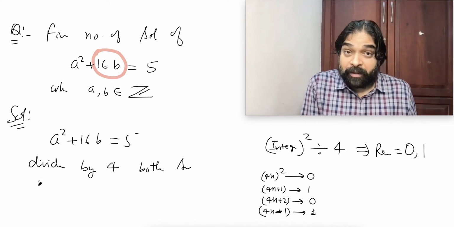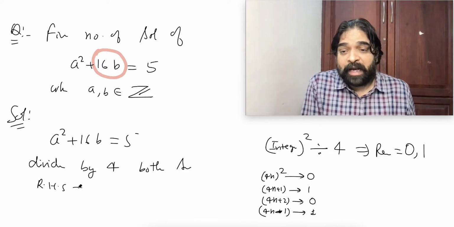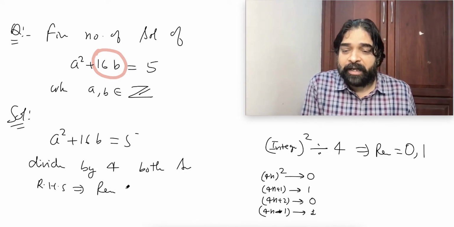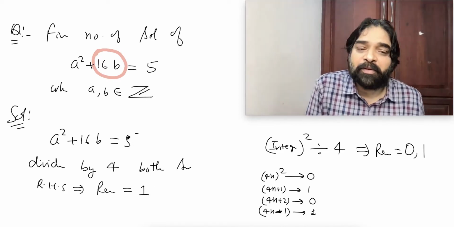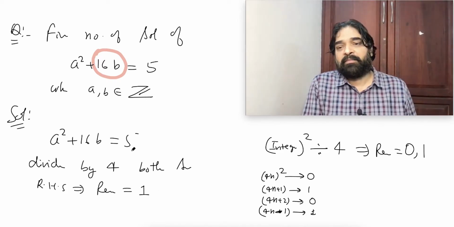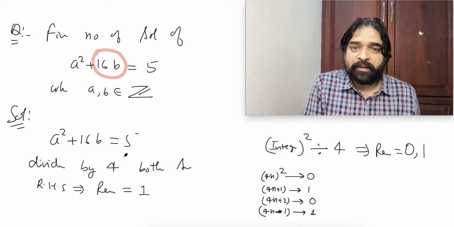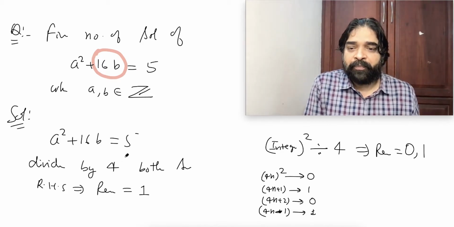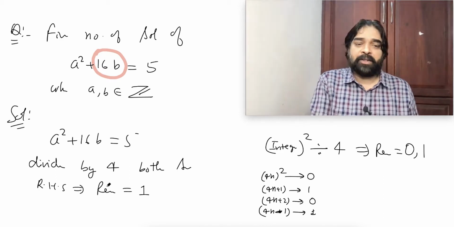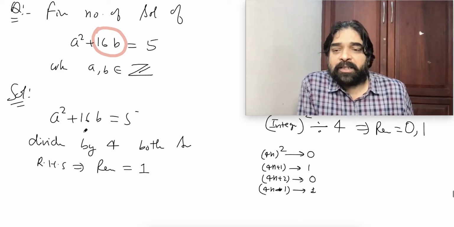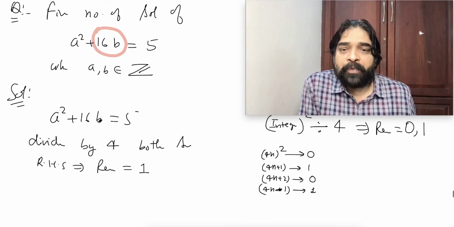So, right side, what will the remainder be? If you divide 5 by 4, the remainder is 1. Did you understand? Is it clear? Now next. If you divide this side by 4, what is the remainder here? 0.